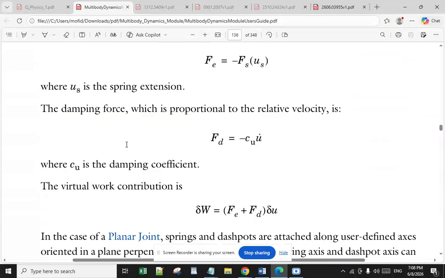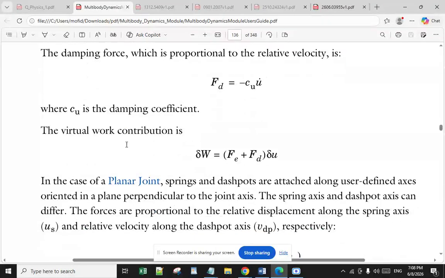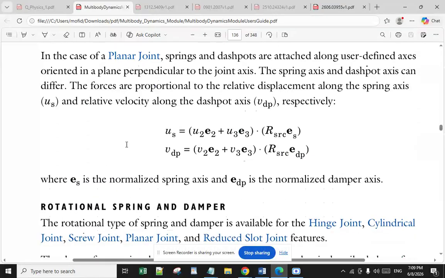The damping force, which is proportional to the relative velocity, is F_d equal to minus c_u multiplied by u dot, where c is the damping coefficient. The virtual work contribution is delta W equal to (F_a plus F_d) multiplied by delta U. In the case of the planar joint, springs and dampers are attached along user-defined axes oriented in a plane perpendicular to the joint axis.